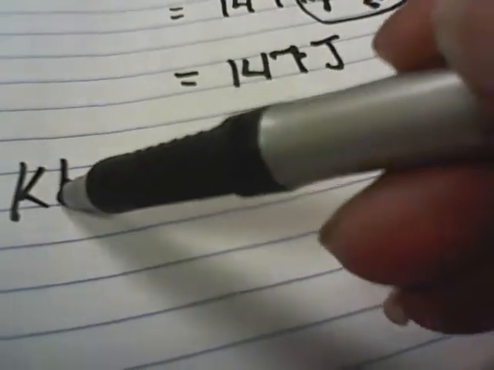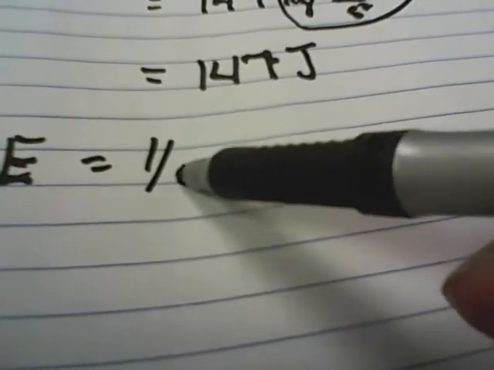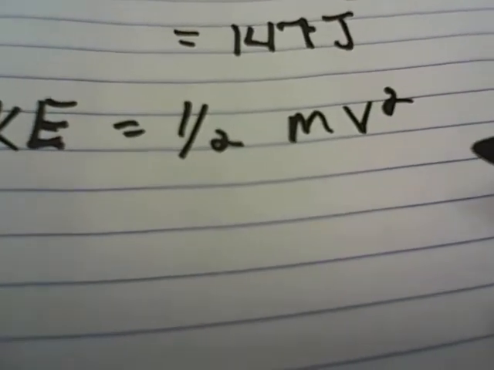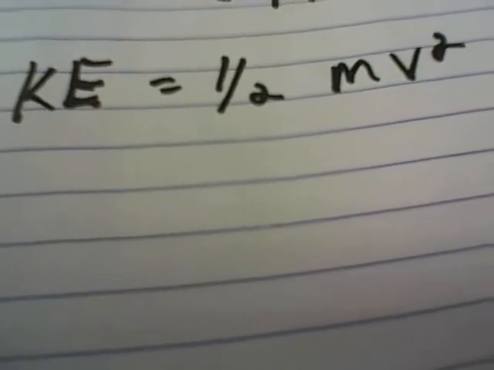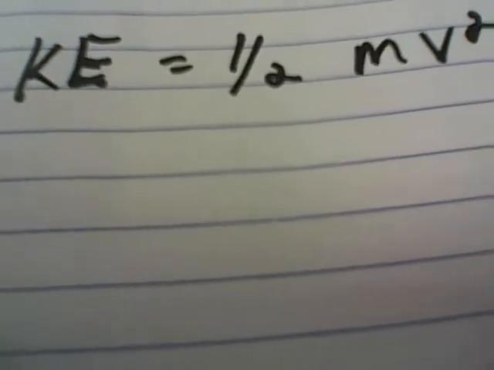So we'll say kinetic energy is equal to 1/2 mv squared. And so this is problem number 1 on your sheet. I just wanted to check because I know the answer key for these are wrong. And I just need to make sure I tell you what's correct.